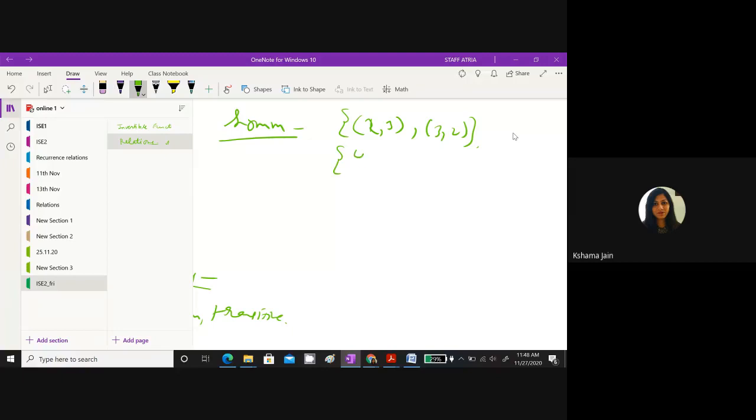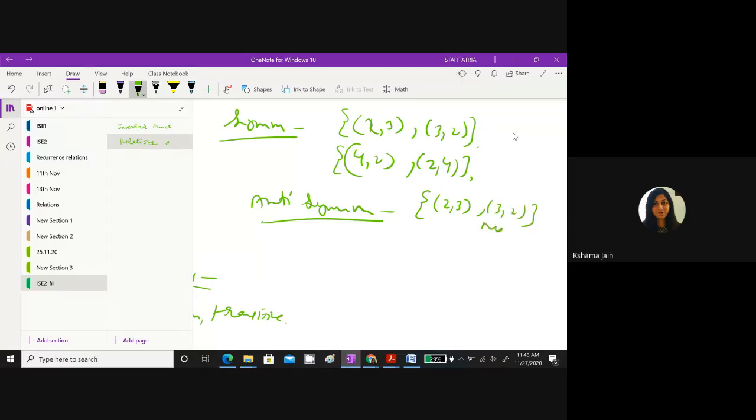If I am writing (4,2), then (2,4) must be there. But if it is anti-symmetric, then the condition is opposite must not be there. So if I'm writing (2,3), then (3,2) can't belong here for being anti-symmetric. If (3,2) is belonging, then we say it is not anti-symmetric. So for being anti-symmetric, (3,2) must not be there. Anything else can be there like (3,4), (4,4), fine.